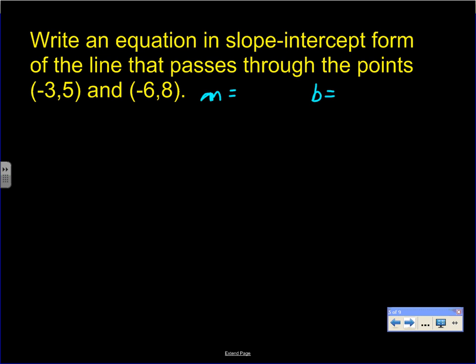Alright, so we're trying to find m and b. So in order to find m, m is equal to y2 minus y1 over x sub 2 minus x sub 1.